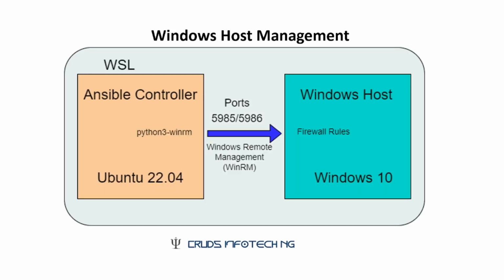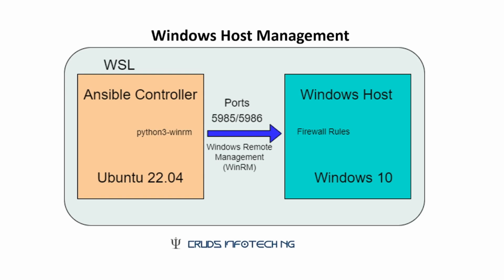In this demo, I have one very powerful Windows machine on which I have got a Windows Subsystem for Linux. You can vaguely visualize this like a partition on which I have Ubuntu 22.04 installed, and I would also have Ansible installed on this particular subsystem.